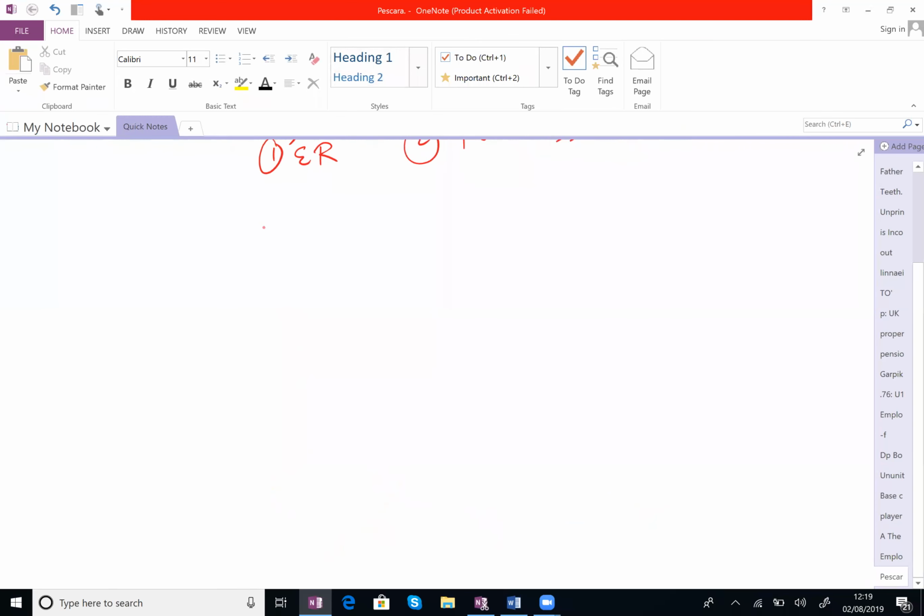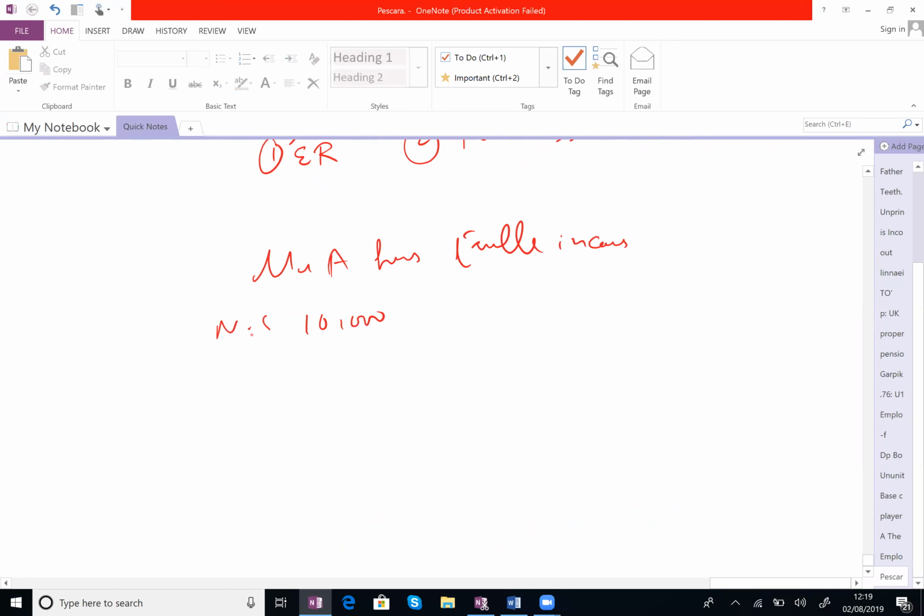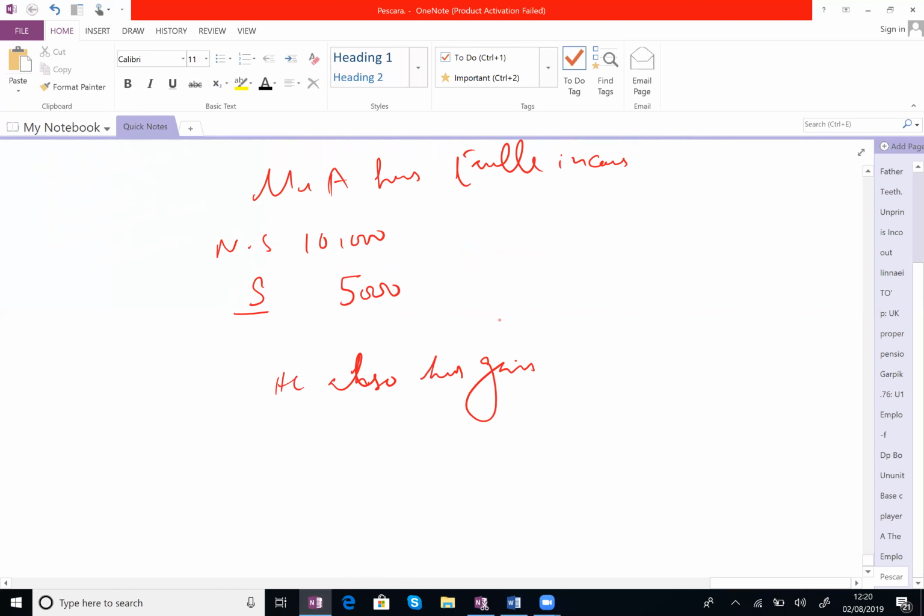Write down a question. Mr. A has taxable incomes: 10,000 non-savings income and savings income is 5,000. Next, he also has chargeable gains.